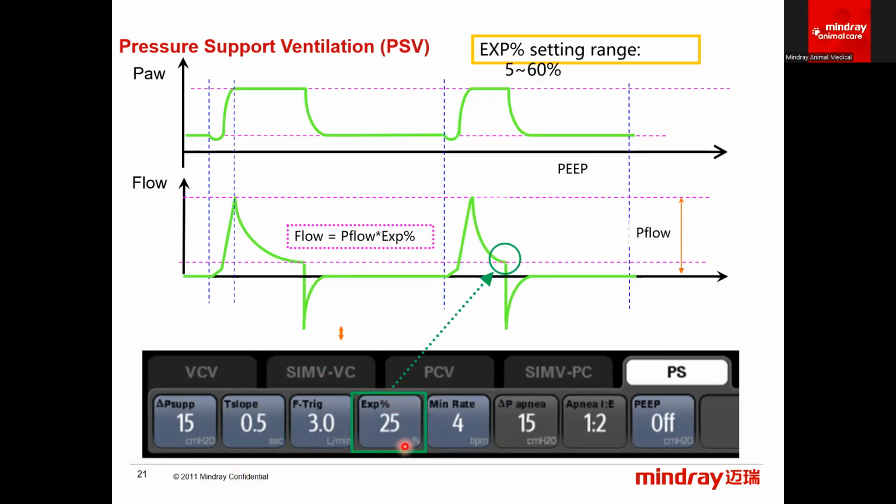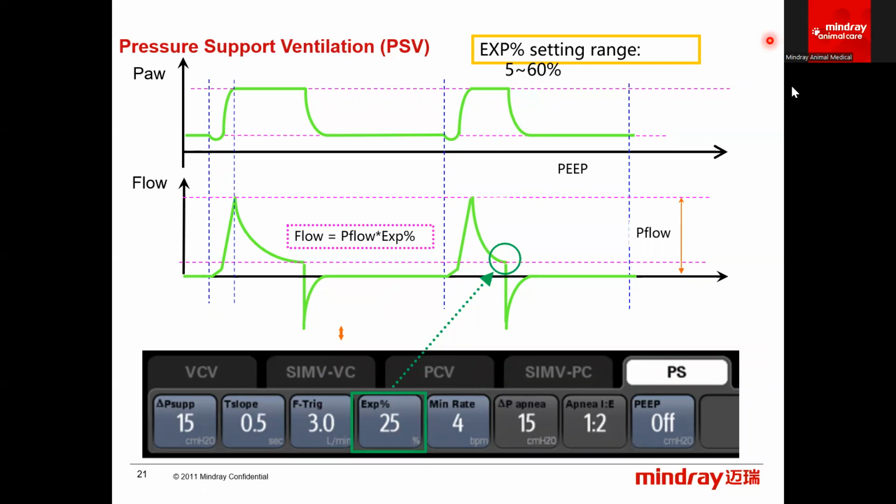Okay, so here we've reached this expiratory percentage. This is a percentage of our maximum flow rate, our peak flow, right here. So, all right, bear with me. Your patient has taken a breath. The machine is giving you a high rate of air to reach this airway pressure that we want.